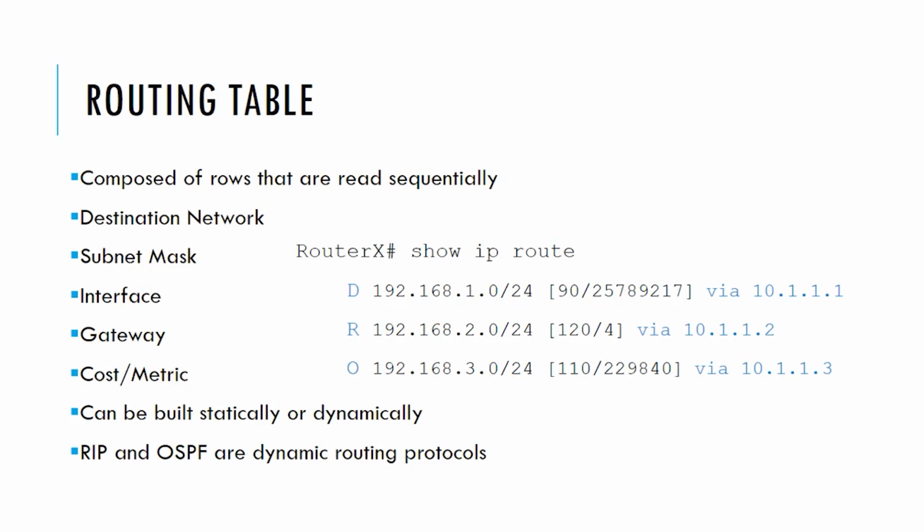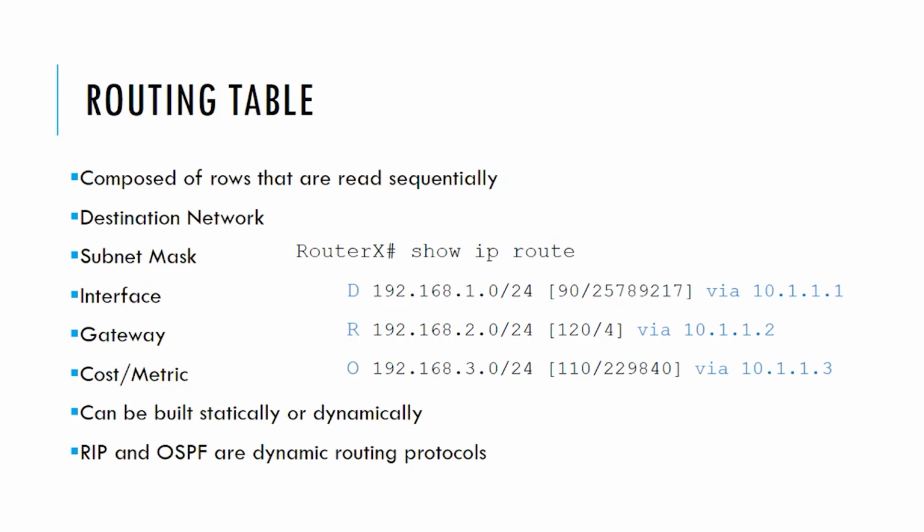The routing table can be built statically by the network administrator, who stores this routing table inside the router, or can be built dynamically through some dynamic routing protocol such as RIP, the Routing Information Protocol, or OSPF, Open Shortest Path First, dynamic routing protocols.